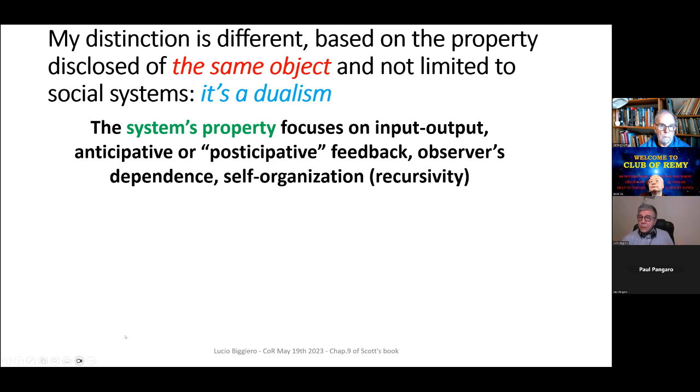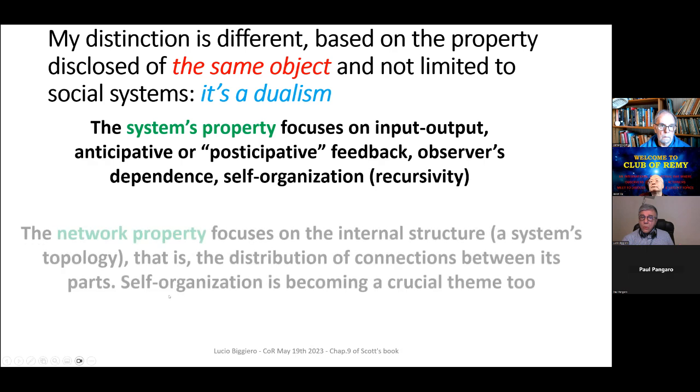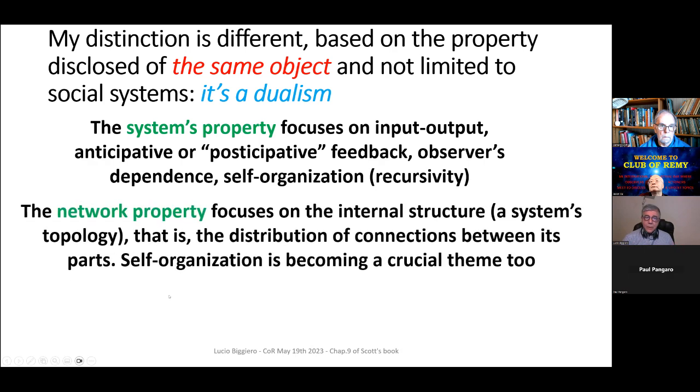When you look at the network perspective, you are looking at different properties, but of the same object. So if a university is a social system, it is at the same time a social network. But when you are looking at the network properties, you are focusing on different aspects.